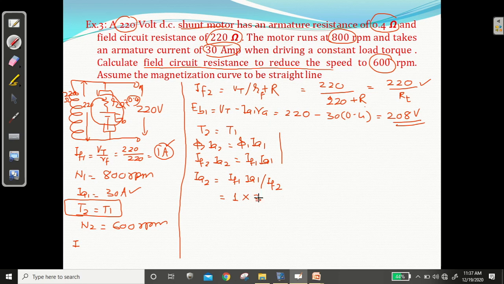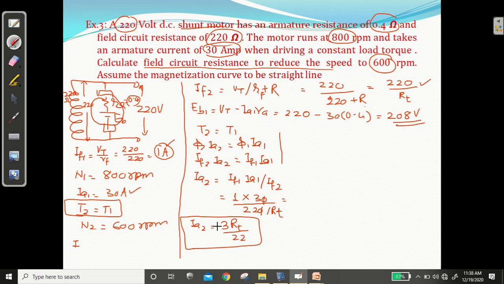IA1 was given 30, upon IF2 कितना है? IF2 ये है 220 upon RT. So you will get IA2 equal to, this will be cancelled, 3 RT upon 22. I got IA2 also. So I got IA2 equal to 3 upon 22 into RT.